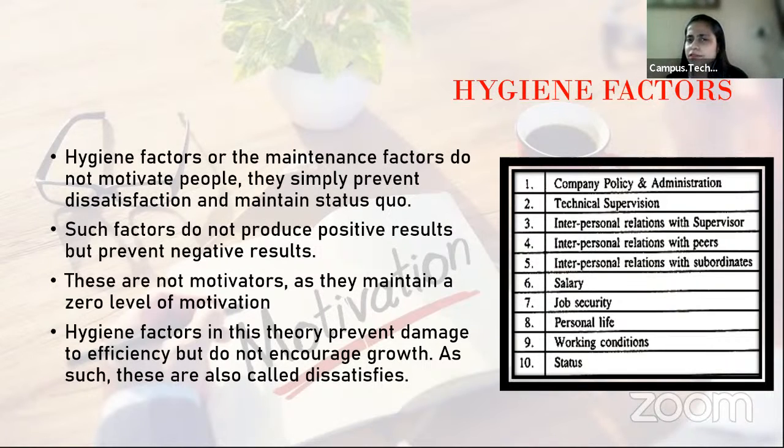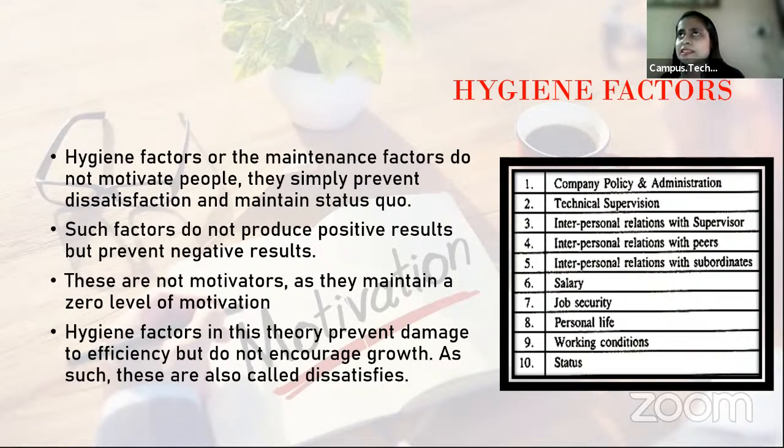Now, what are the hygienic factors? They are the company policy and administration. What are the company policies? What is the administration? What is the hierarchy of their communication? What are the different ways, channels of communication which are being practiced? Or what policy, like if we talk about females, what are the extra benefits offered to females?